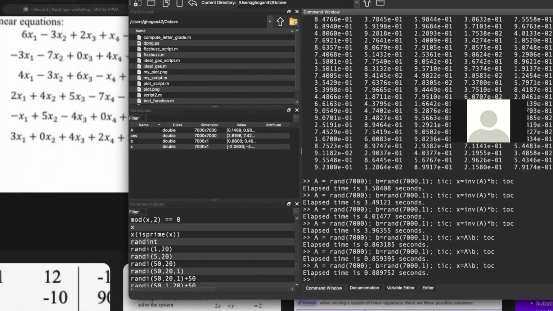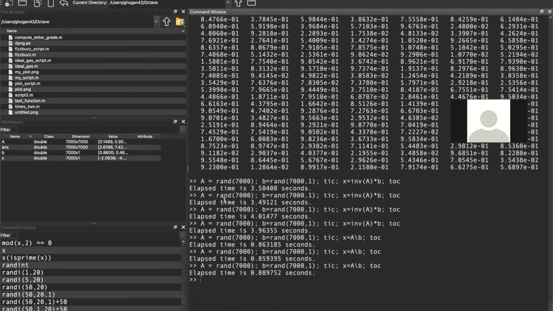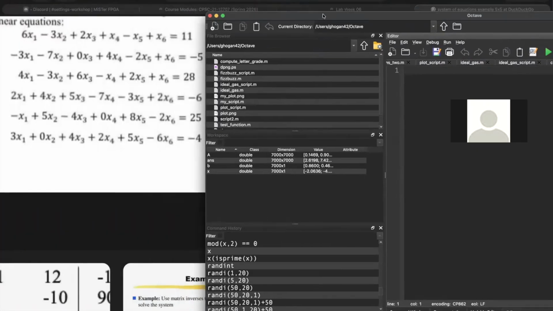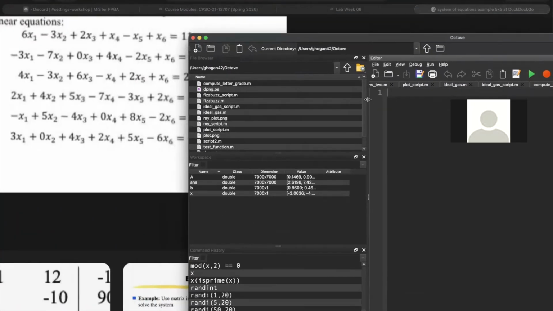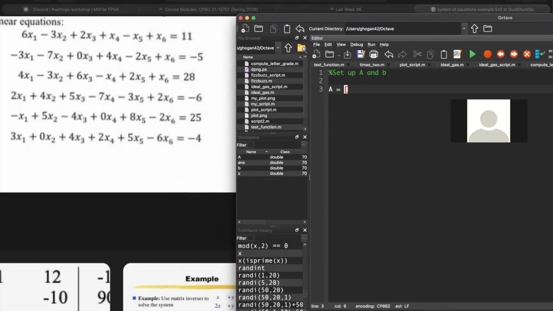If I were doing this by hand, you could just type it all at the command prompt. But sometimes it's easier to do it in a script. So if I do file, new script, the reason it's easier is because it lets you set up A and B and type it all out. And then, if you made a typo, you can fix it. So if we're doing this, you type the coefficients in order, right?